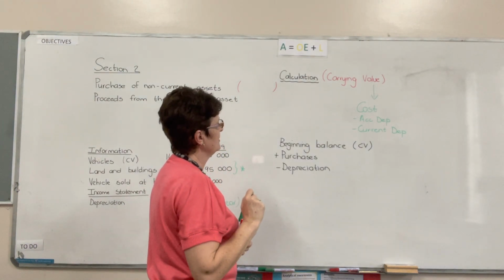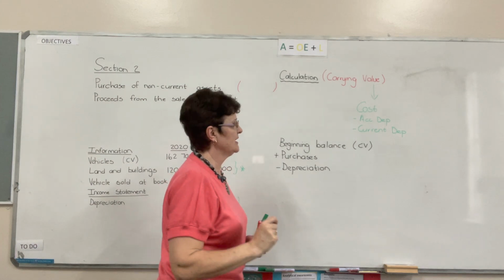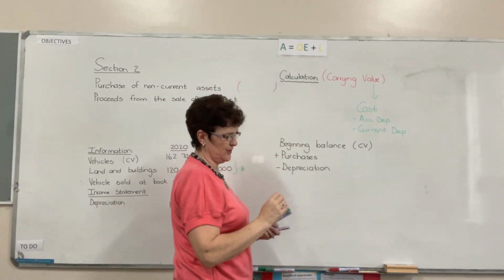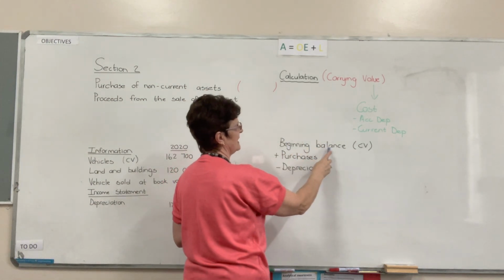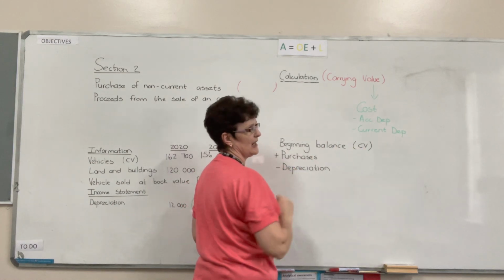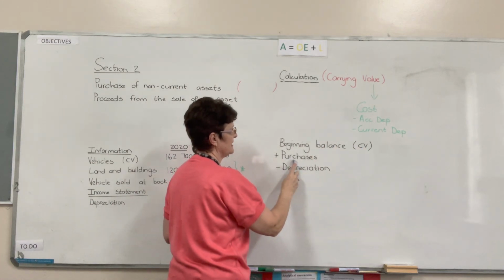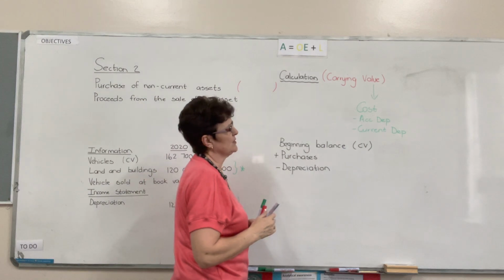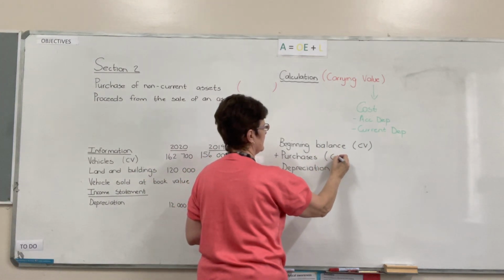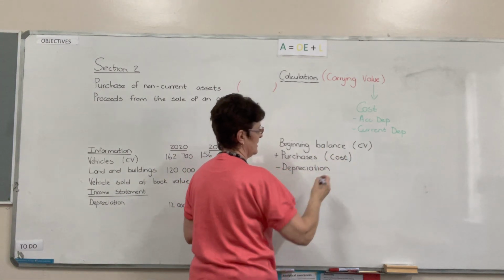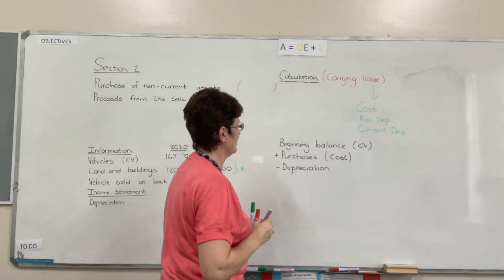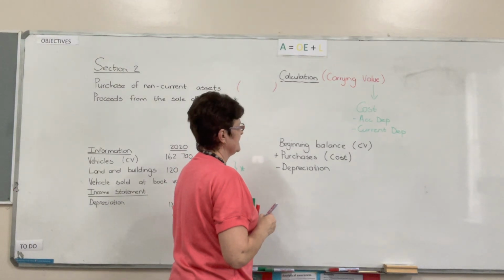Right, now when we do the calculation, we have a formula that we use. We have the balance at the beginning, but it must be carrying value. Then it's got to be the purchases. The purchases will be at cost because there is currently no accumulated depreciation on a new item yet.